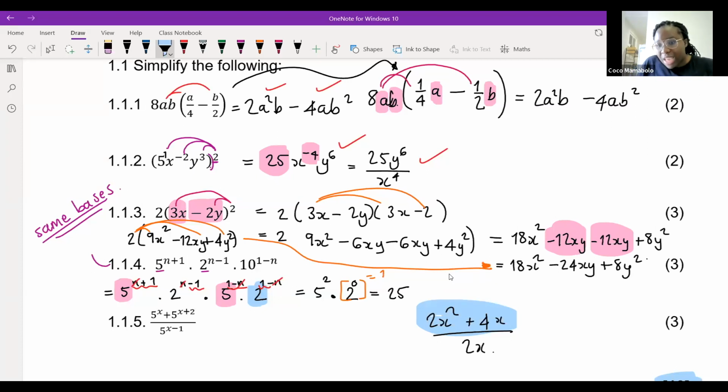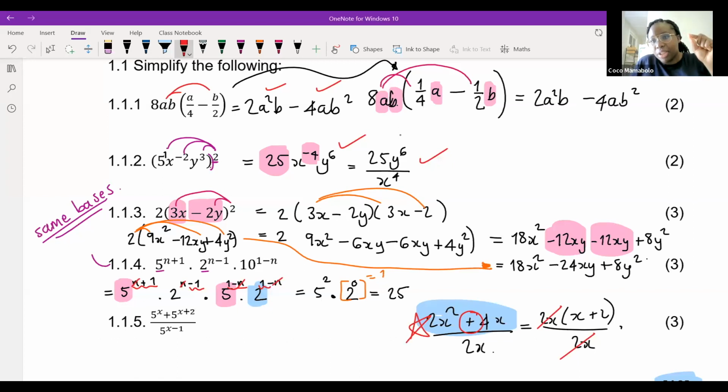We take 2x out as a common factor, and then what I'll have on the top left is x plus 2 over 2x. Now I can cancel that part and that part, so my answer will end up as x plus 2. Give me a thumbs up if what Tyrika and I have just said makes sense. Are we okay there? I have to factorize the top because there's a plus in the middle.